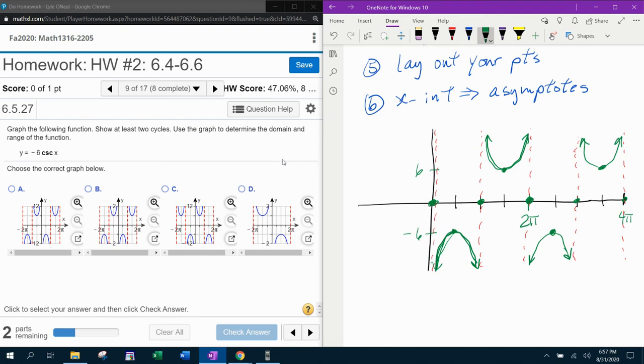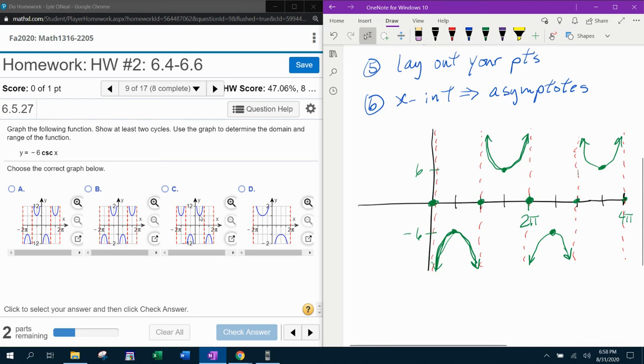Now, in order to pick the right graph, you're going to have to pick the graph that has the correct scale and hump direction, I guess you could call it. So we know that answer choice C is not valid because if you look at the y-axis, you can see right to the right of that is an up hump, but in our graph, we have a down hump.